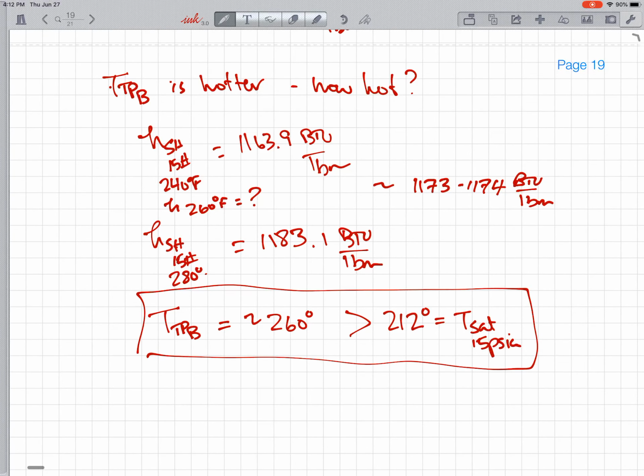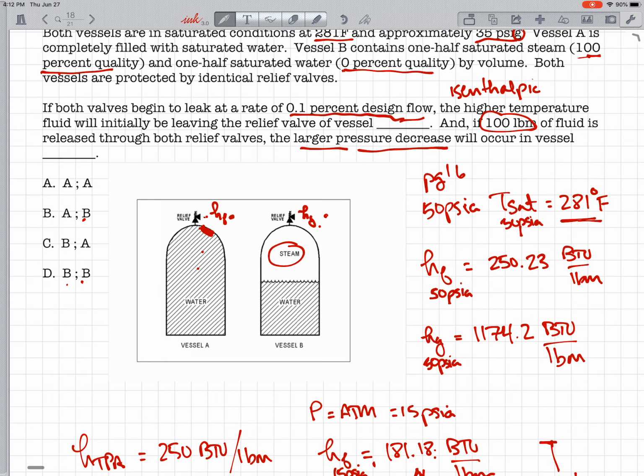All right, so now the thing we do with the problem is we say, first, the higher temperature fluid will initially be leaving the relief valve of vessel B. So we're going to look here. It's not A. It's either C or D. Okay.